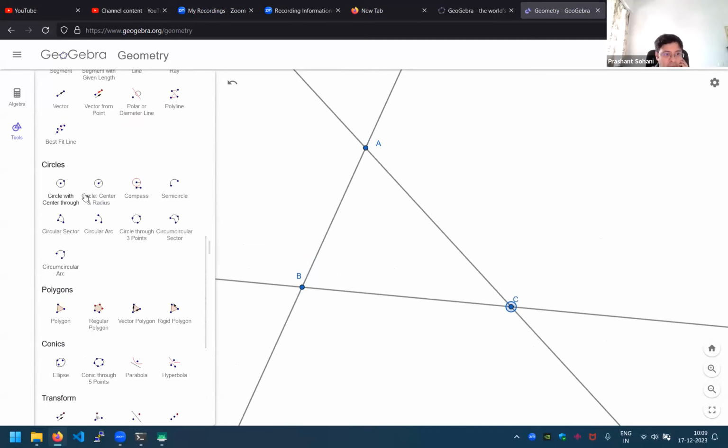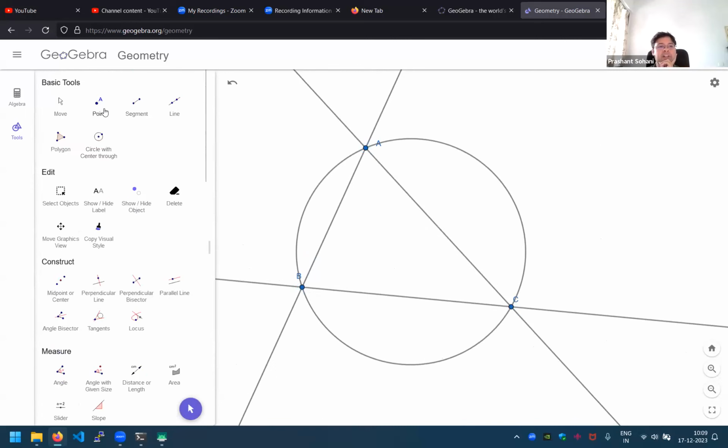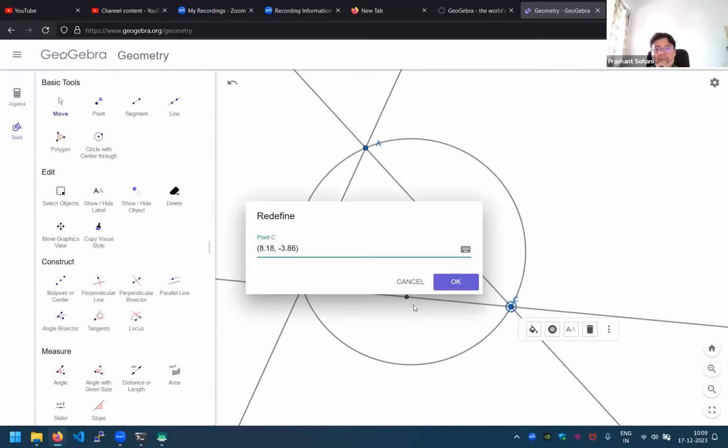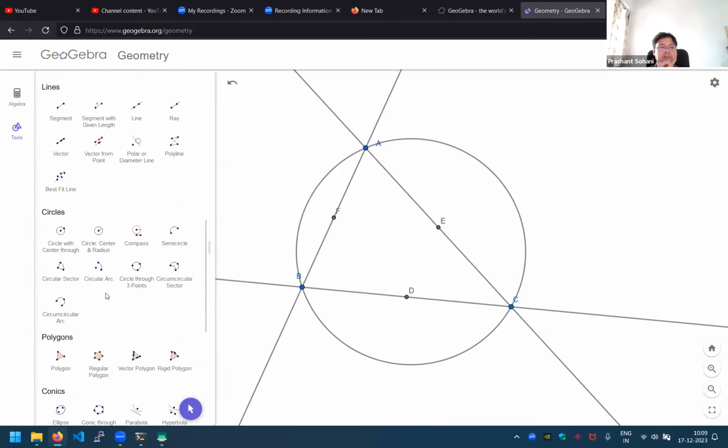Although you already know, so it is not going to be that surprising, but let me take the midpoints of the three sides. Okay. And let me draw the circumcircle of these 3 points.